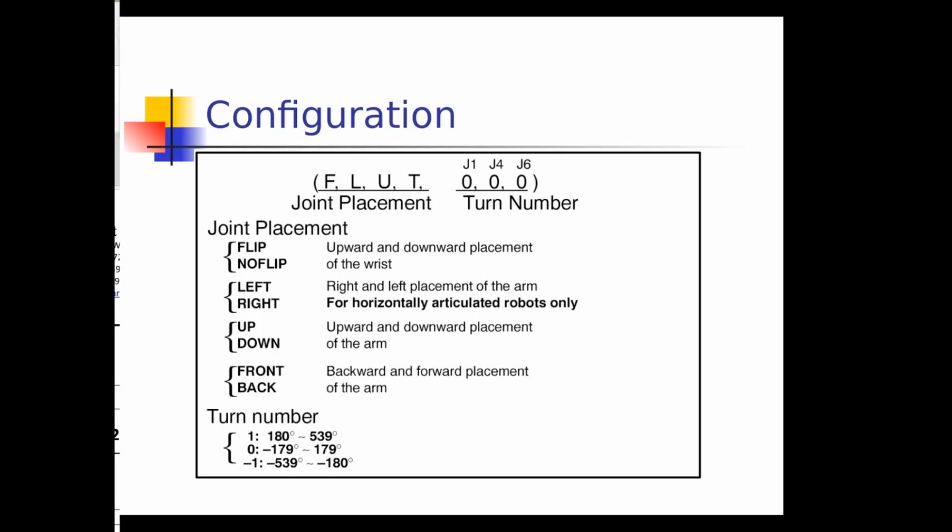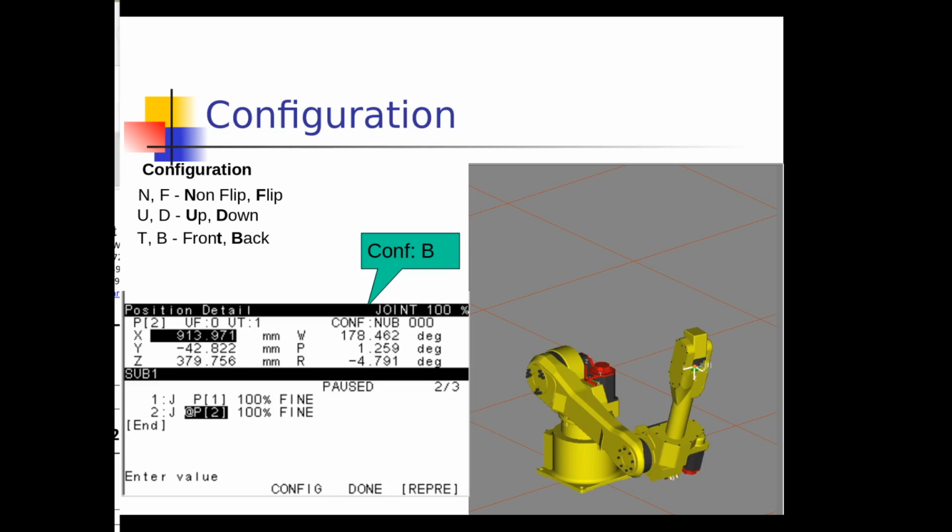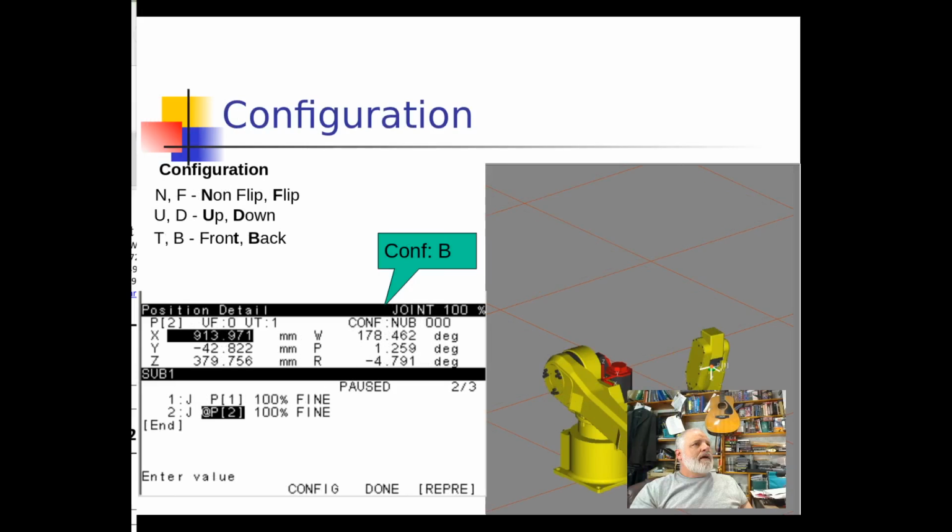All right, now one thing, when you store a position point, remember that what you're storing is where the tool center point is. However, the problem with that is how do you get to that? So if you think about moving your arm over here to pick something up, like here's a screwdriver here.